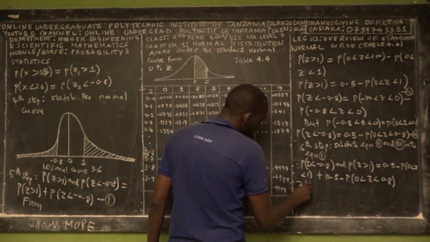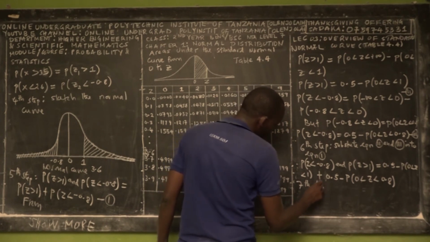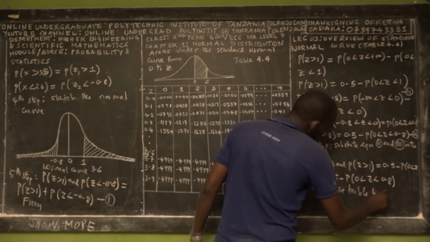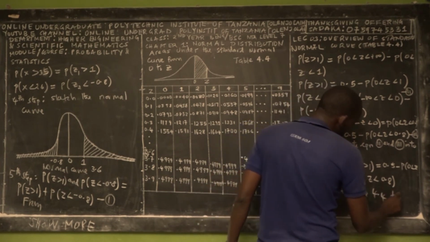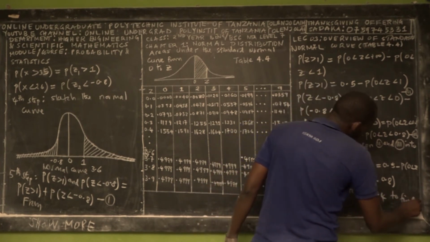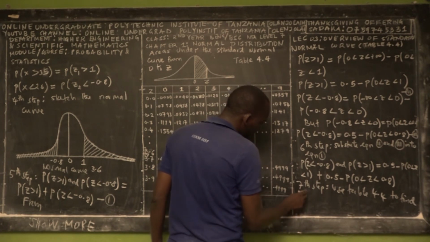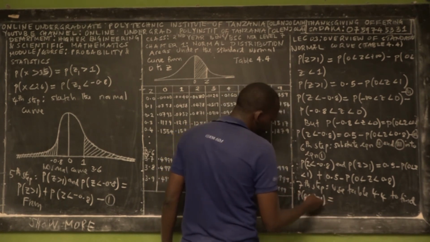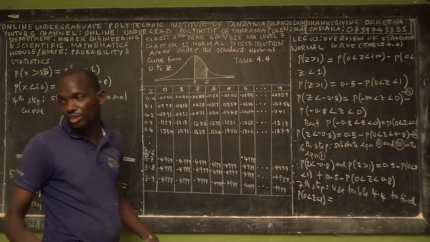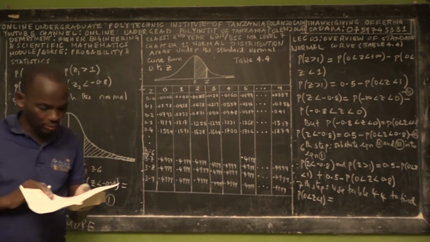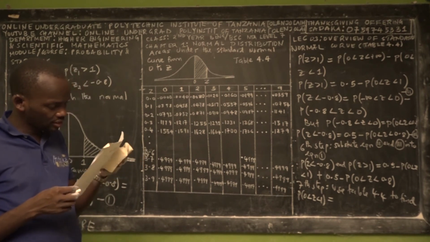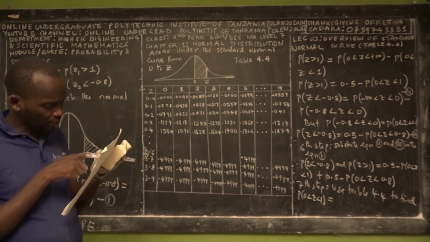So 7th step, let us now use table 4.4 to find the probability of 0 less than z less than 1. This is 1.00. So take your table and read the probability of 1.0, which is the 11th row, 1.00.